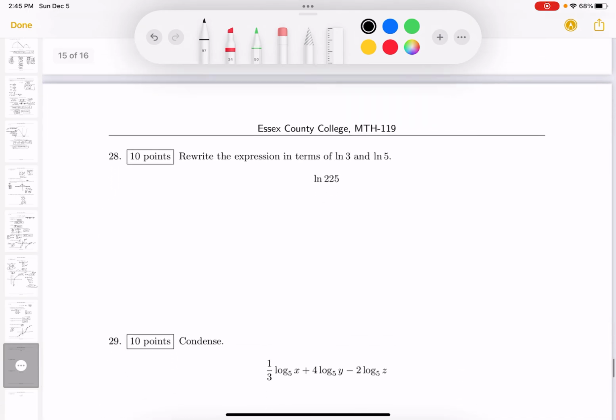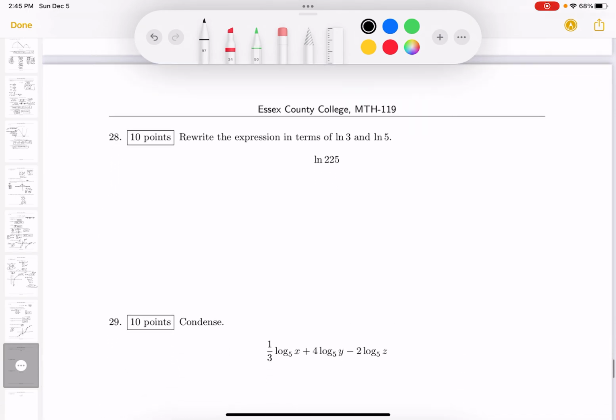All right, this one says rewrite this in terms of natural log 3 and natural log 5. So I got to look at 225. And the first thing I would do is I would divide probably by 5. So that's going to give me 45, right? And then I divide by 5 again. I get 9 and 3 and 3. Let's see if I did that right. 5 times 5 is 25. 3 times 3 is 9. And 9 times 25 is 225.